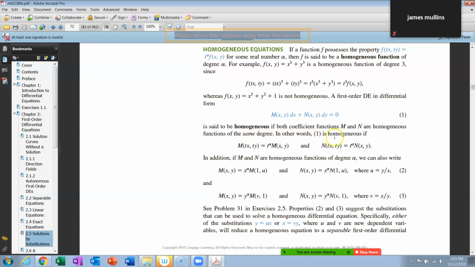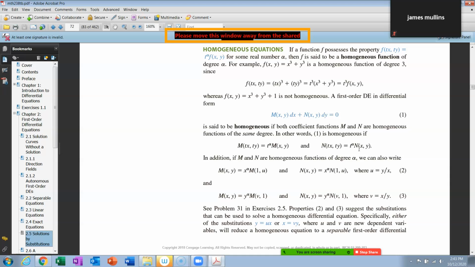So in other words, it is homogeneous if, and here they go to their definition again, M of tx, ty is equal to t to the alpha M of x, y, and N of tx, ty is t to the alpha N of x, y.